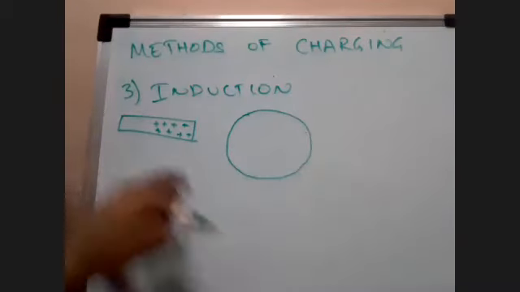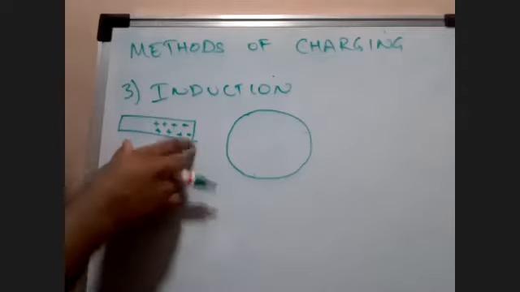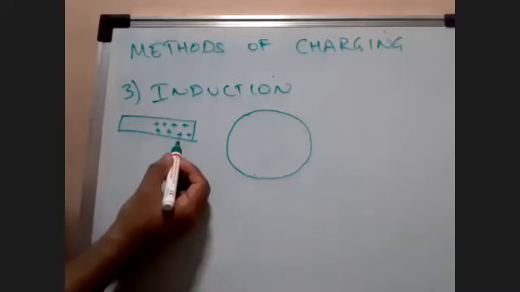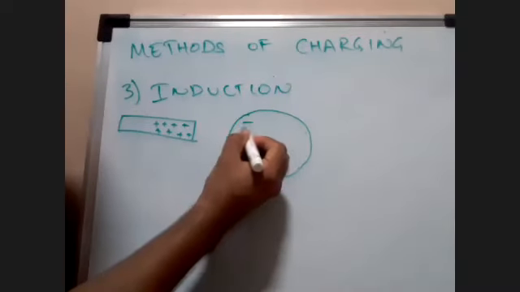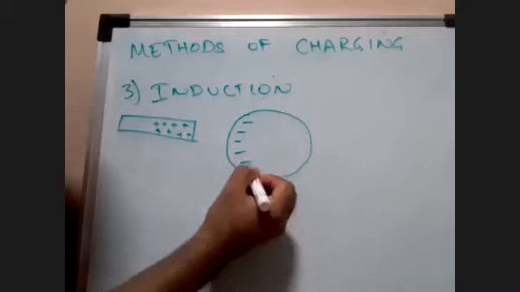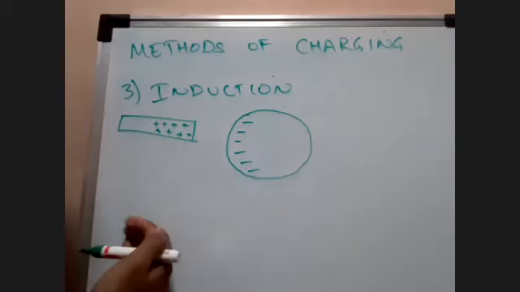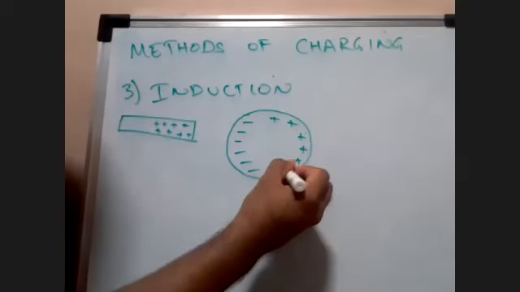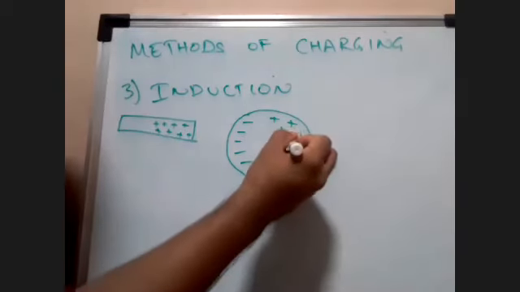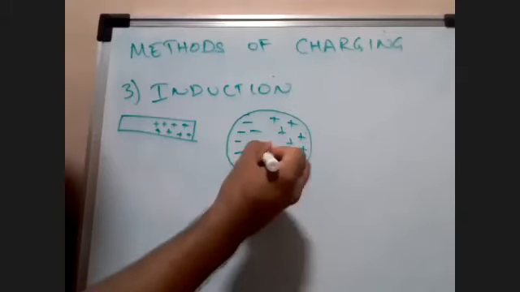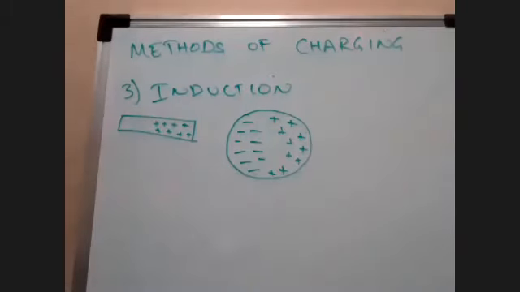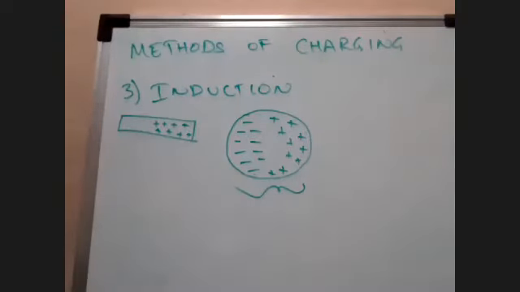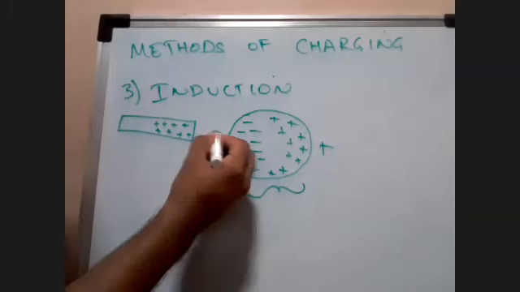When you bring this charged object close to it, it will start to attract all the negative charges, or align all the negative charges towards itself, and the positive charges will be repelled. All the negative charges will come here. So there is a potential here: this becomes positive, this becomes negative.